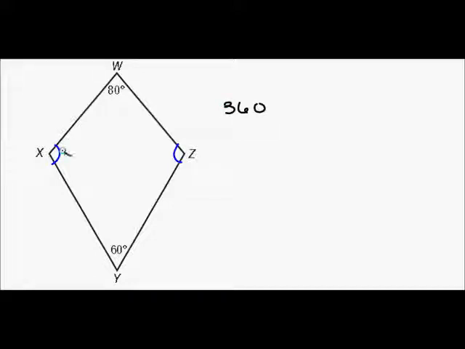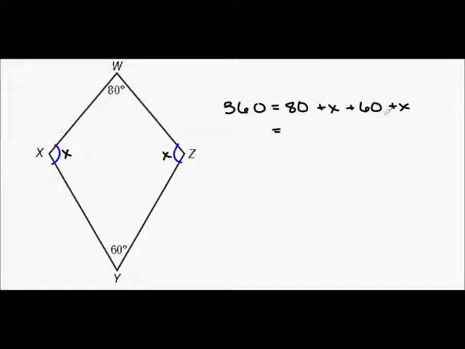So I'm going to call this X and this X. And I'm going to say 360 equals 80 plus X plus 60 plus X. So I'm adding up the four angles and setting them equal to the number of degrees in a quadrilateral.